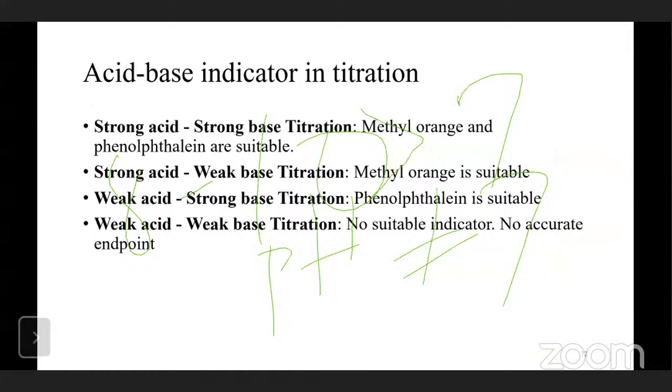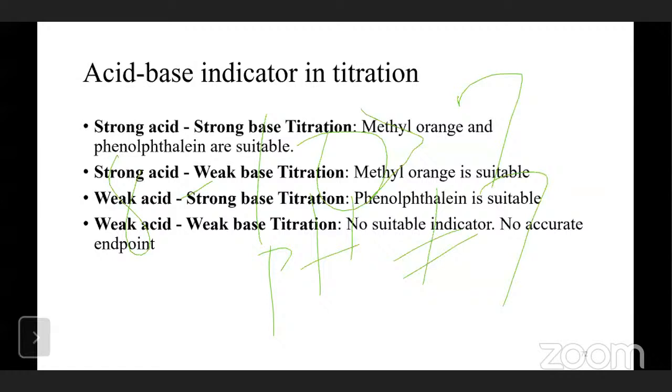What if you now have a solution of a weak acid against a weak base? The endpoint may not be accurate. So you may not be able to have a suitable indicator for that type of reaction because you may not have a sharp endpoint. You may read some textbooks that recommend maybe phenol red or so. Well, it may work occasionally, but not all the time.